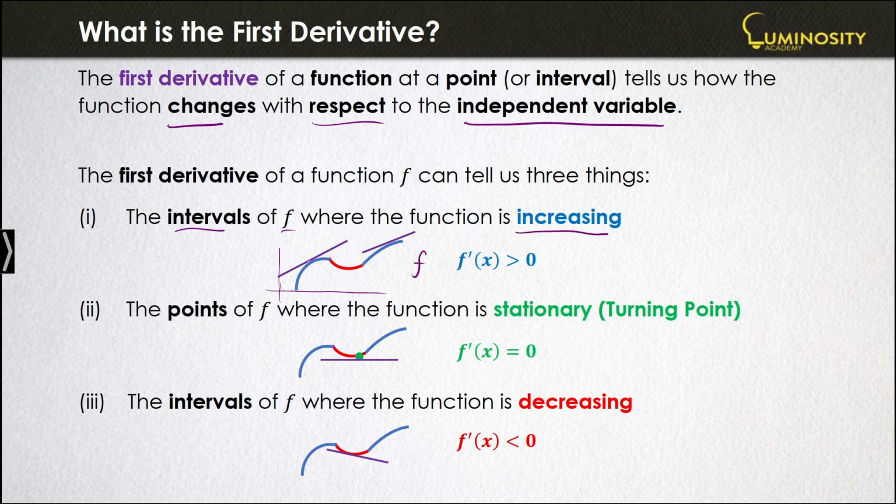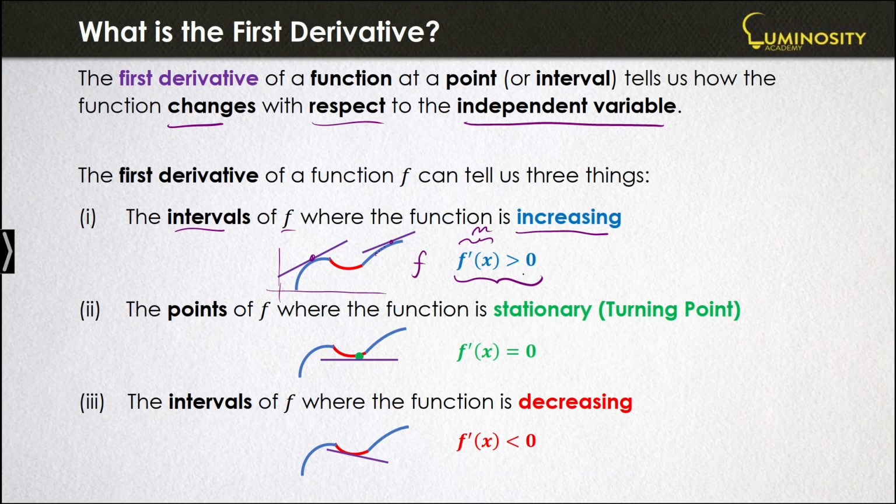So if we examine the tangent lines on these blue points here on that interval, the tangent lines, which are the gradients, right? The gradients of the tangent lines, which are the first derivatives, these are always positive numbers. These are positive gradients. So therefore, when the first derivative is greater than 0, so that inequality, when that's true, then the graph itself we can say is increasing in nature.